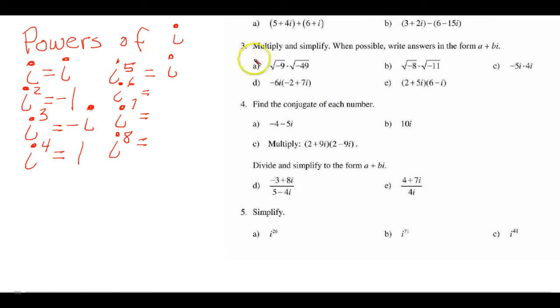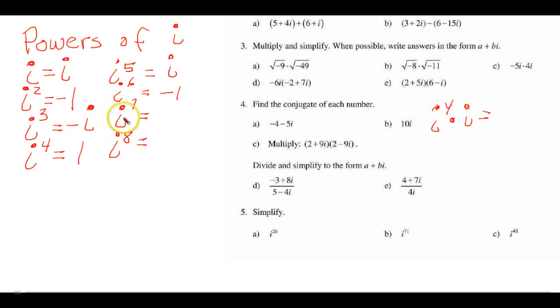So i to the fifth is, let's put it over here, i to the fourth times i. This is a 1. 1 times i is i. And here, if we took out i to the fourth, which is a 1, we'd have i to the second. 1 times i to the second, which is a negative 1, is a negative 1.